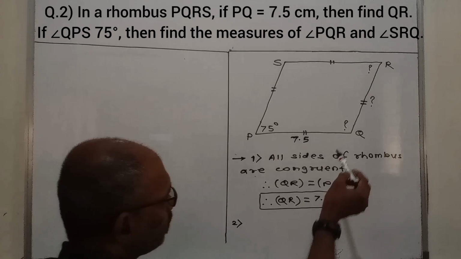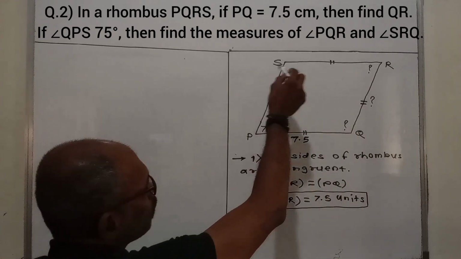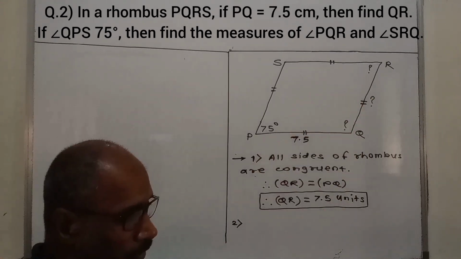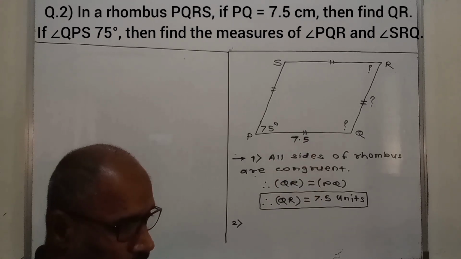Now second, find measure of angle PQR and measure of angle SRQ. Now first we will find SRQ. That is very simple, no? So I will write measure of angle SRQ first.